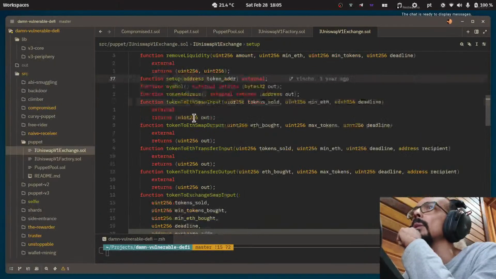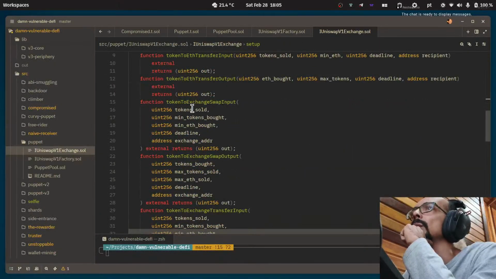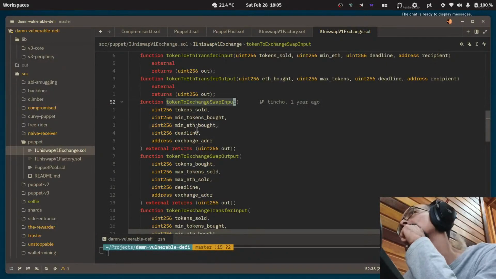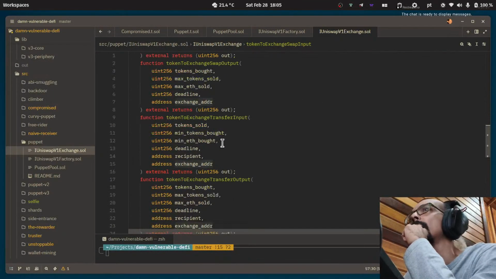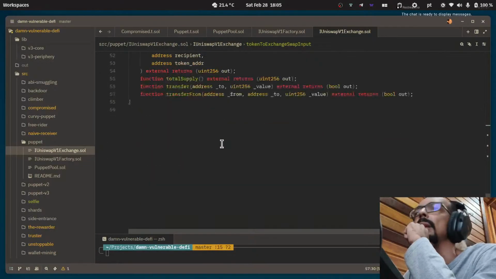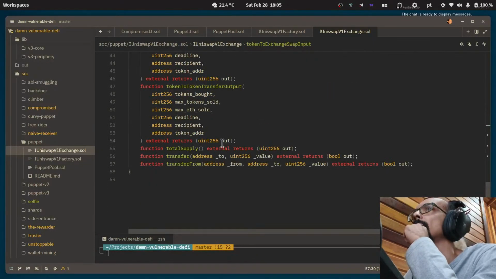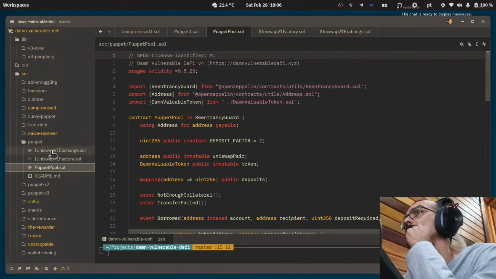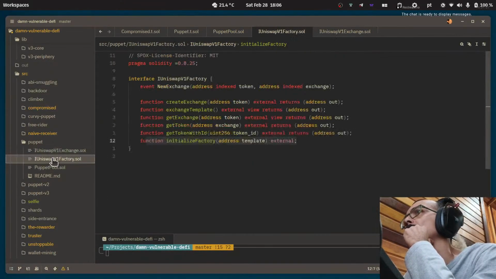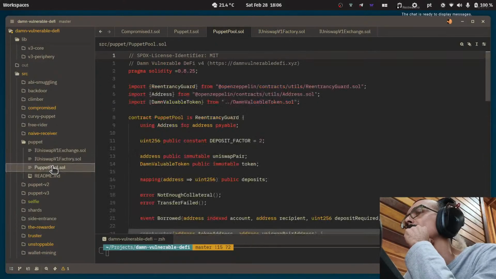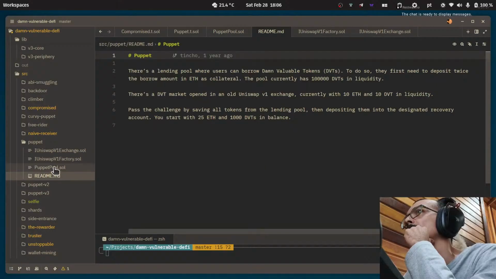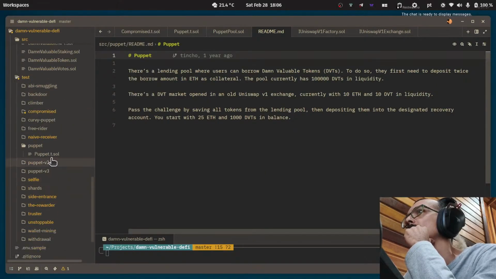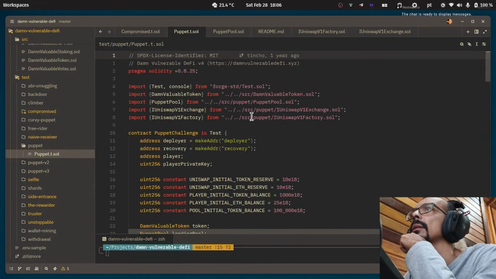Setup symbol here, minimum deadline. And so, okay, we're gonna need to study a lot of contracts here to understand, I guess. Also, they only have the interfaces here. What a little strange for me. But let's see the test.